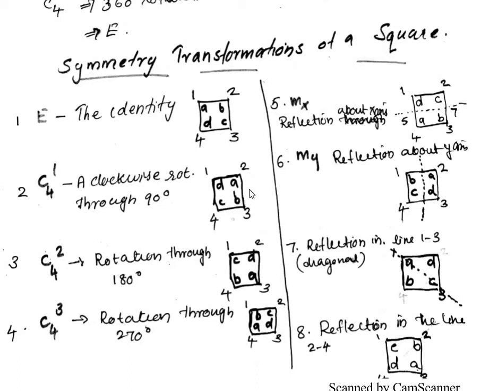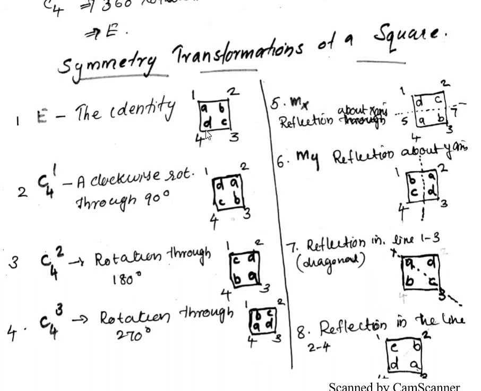So when we do the C4^2 operation, what happens? A, B, C, D rotate through 180, that is here 90, so it will be here 180. So this is the C4^2 element. When we do C4^3, the square will be like this, and we do the reflection along the x-axis.